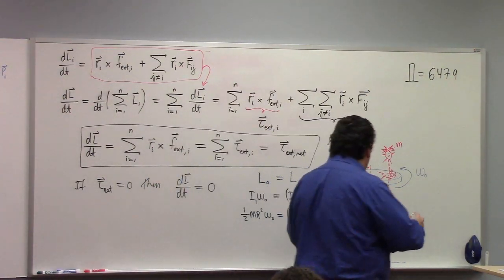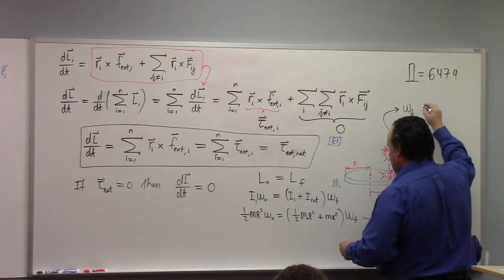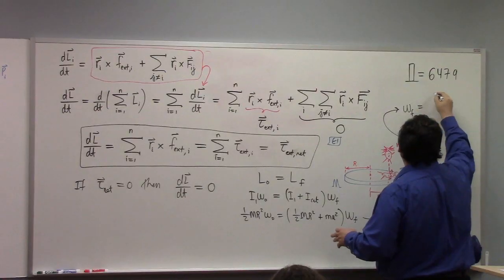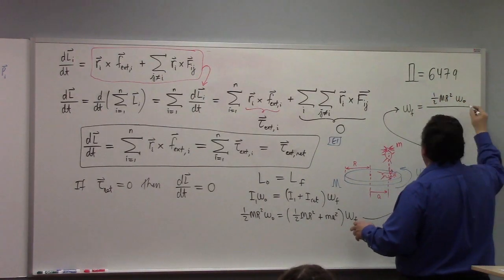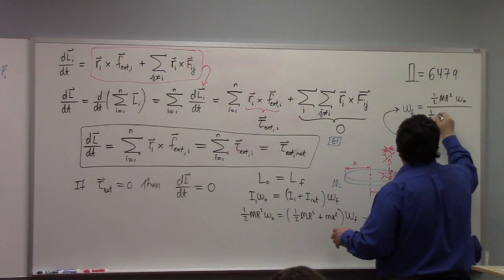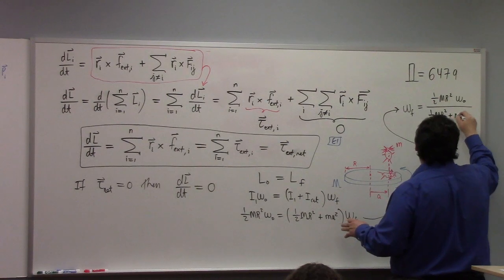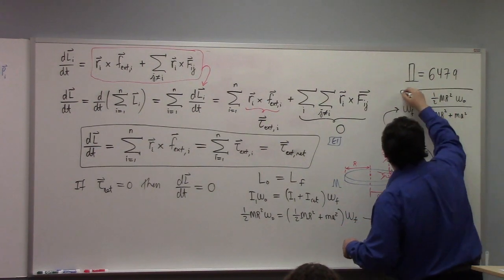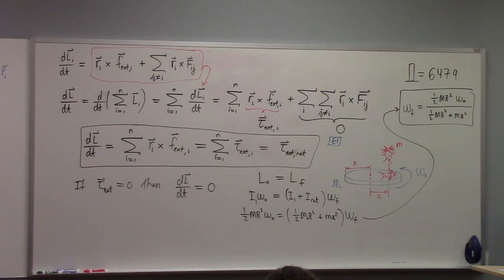So we can solve for omega f, and we get the final angular velocity is equal to 1/2 big M R squared omega naught divided by 1/2 big M R squared plus little m a squared. And there you go. This is a very common question, I've asked this on many tests in some version or another. This is my go-to angular momentum question.